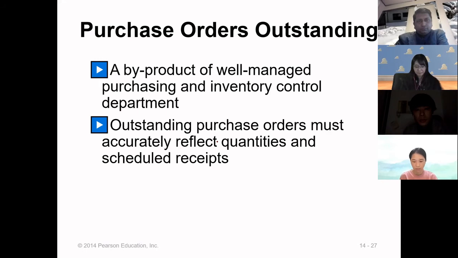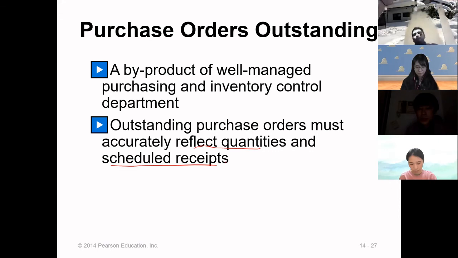Okay. So outstanding purchase orders must accurately reflect quantities and scheduled receipts. Scheduled receipts mean when it's going to be available or received by the organization, so that when it has arrived, you can use the inventory. Okay.